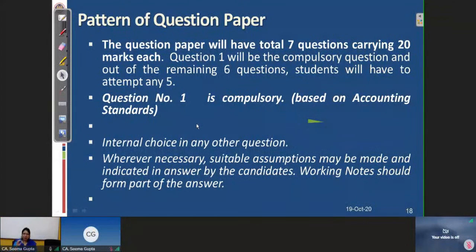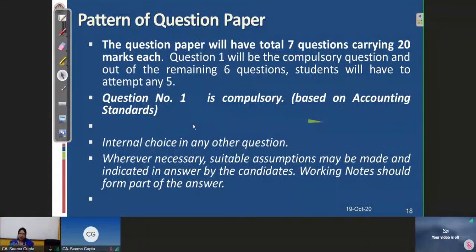So in both the mock test papers, under the old course as well as under the new course, we have the first question on accounting standards. If you have attempted that question on your own, then while seeing the answer also, you will gain an idea of how to solve that particular question of accounting.